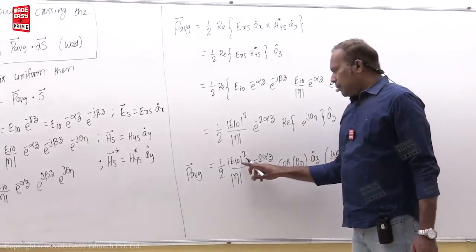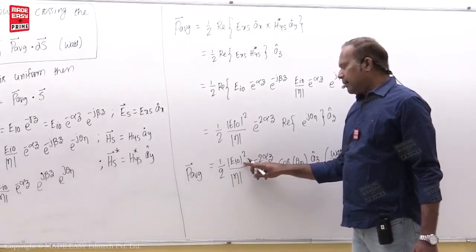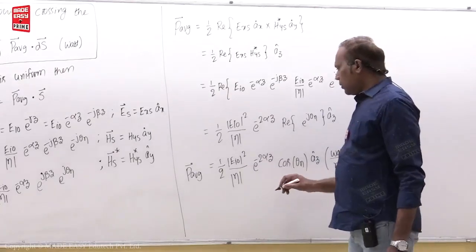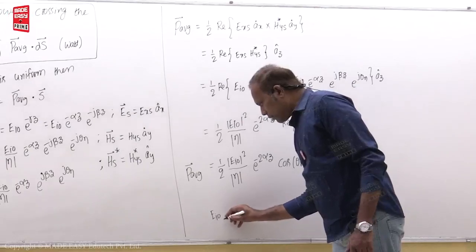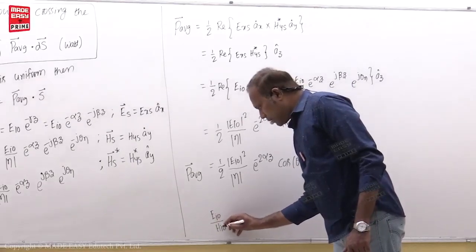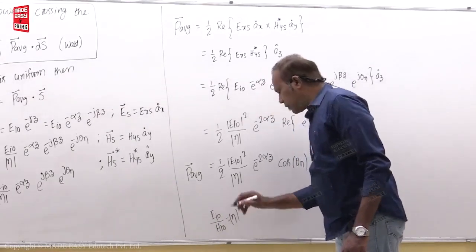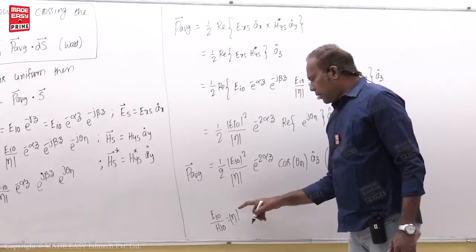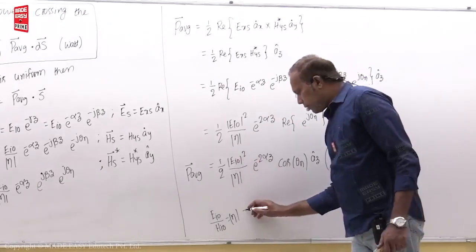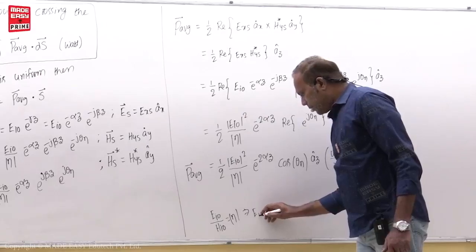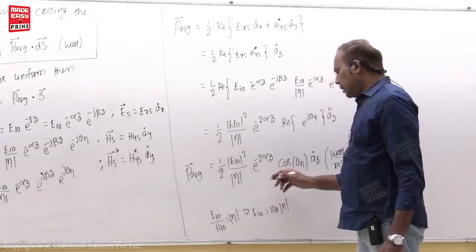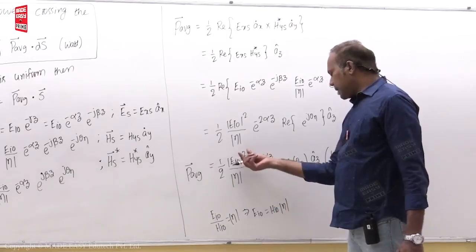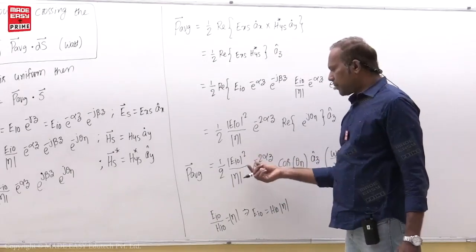If you want it in terms of magnetic field, then you have to use E_i0 divided by H_i0 is equal to mod eta. So in this formula, in place of E_i0, you put H_i0 into mod eta, then E_i0 square means H_i0 square mod eta square, and one mod eta cancels.